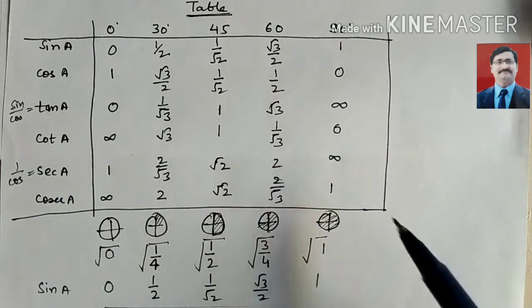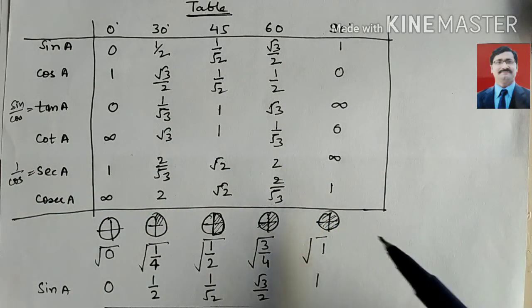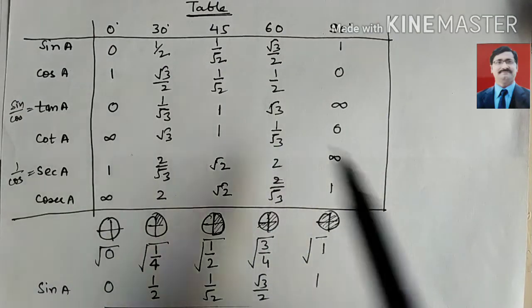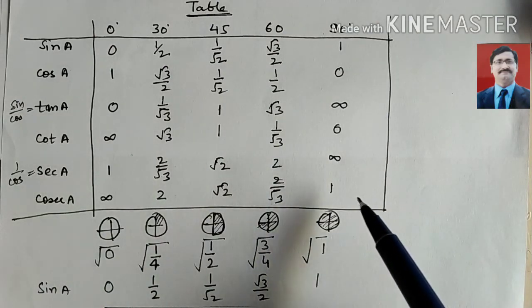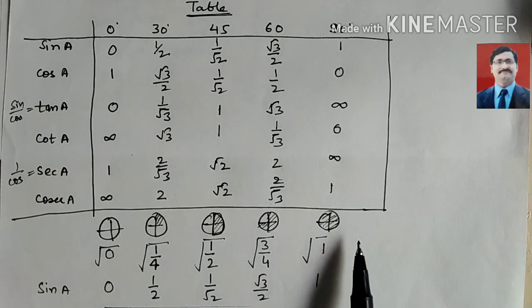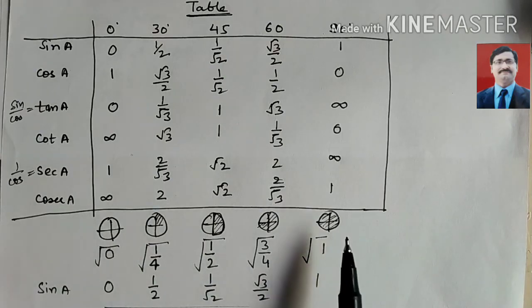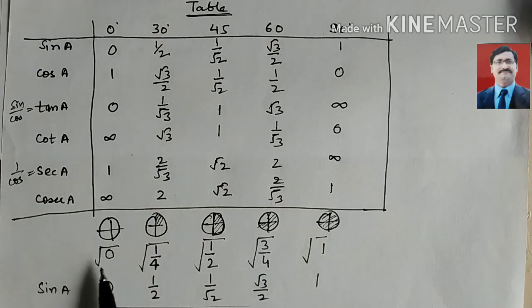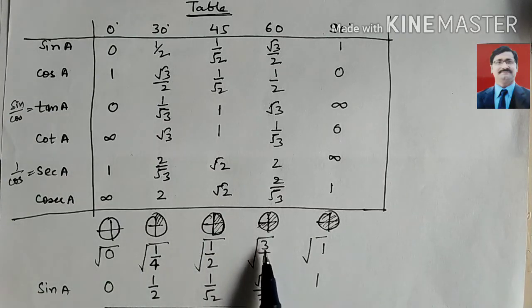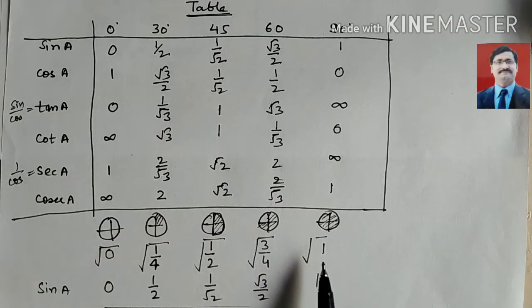Does everyone understand this? This way you can prepare this table. It is a very simple table, and you can draw it anywhere. First of all, you take a circle and divide it in 4 parts. You take no part, that is 0, then one part, 1 upon 4, then half, then 3 by 4, then one whole part.